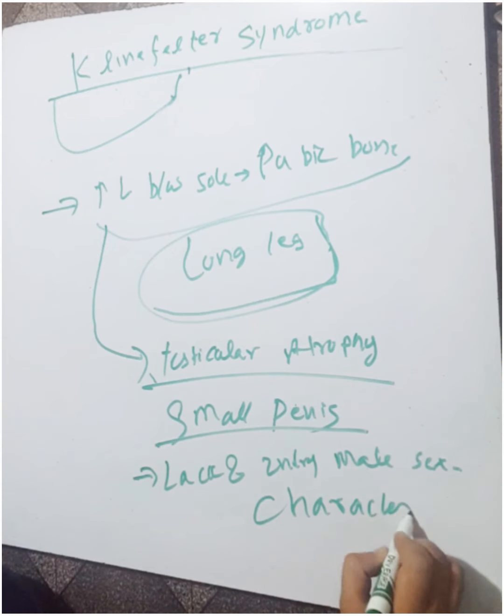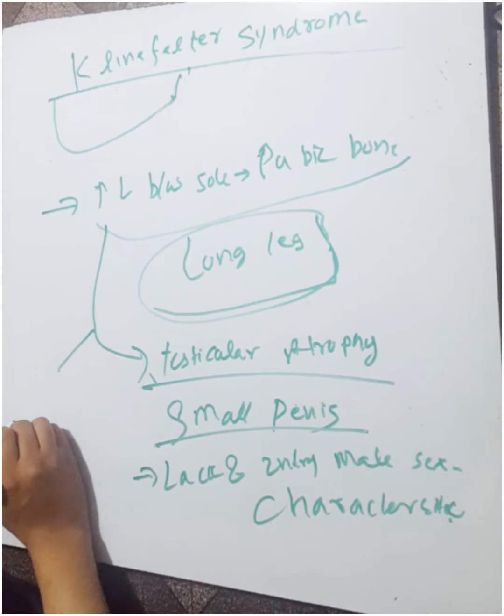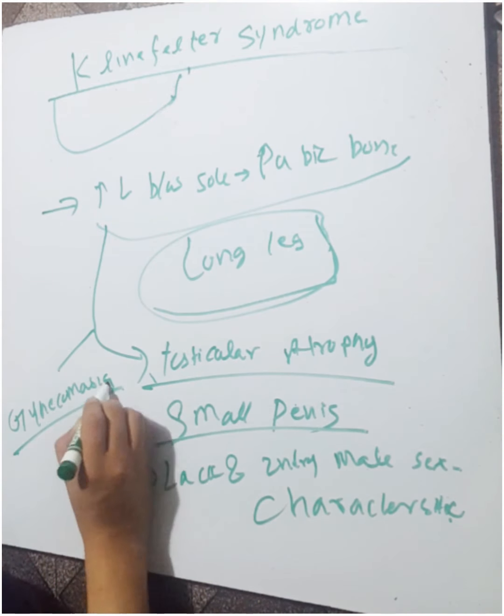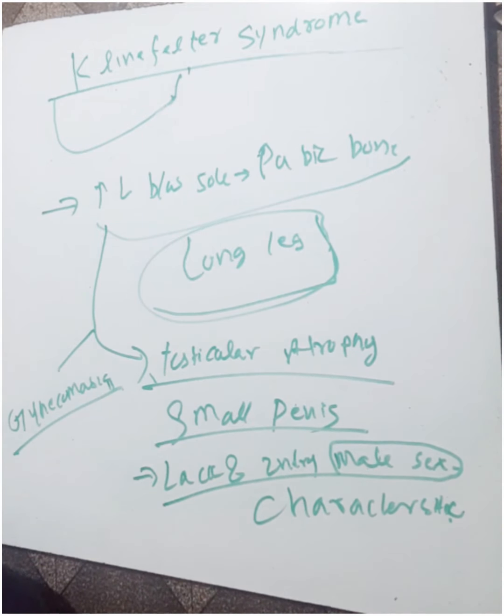They lack the secondary male characteristics, and they present with gynecomastia. The secondary male sexual characteristics they lack in the Klinefelter syndrome are, for example, beard and male distribution of pubic hair.